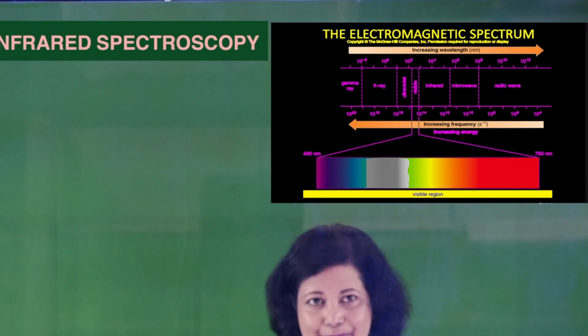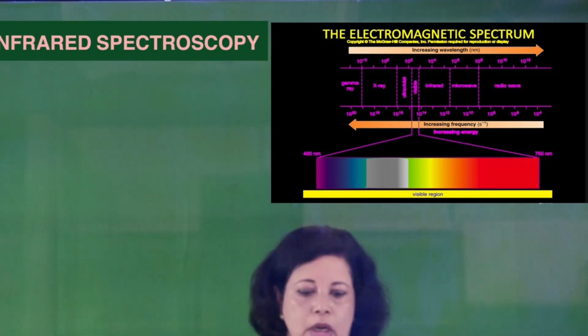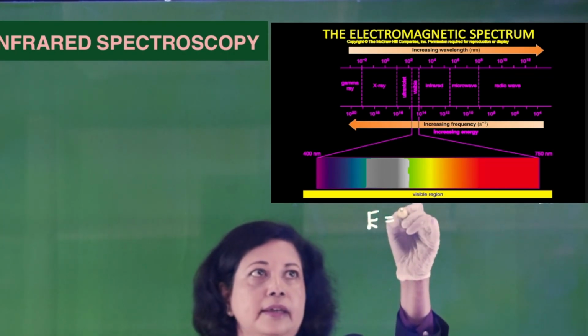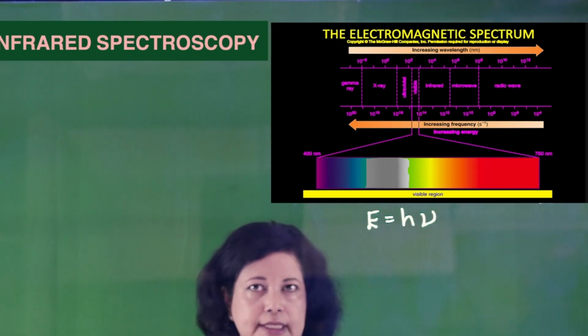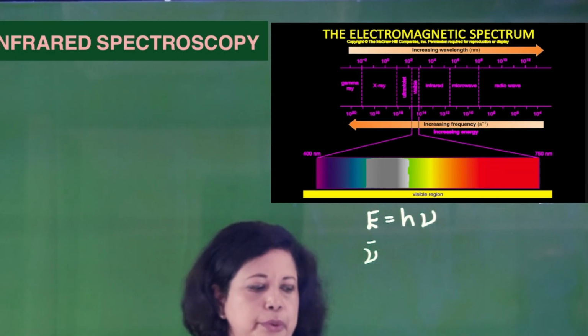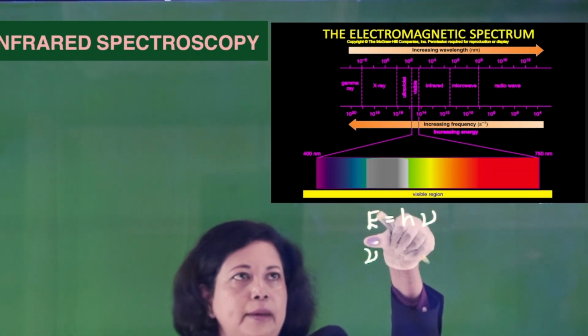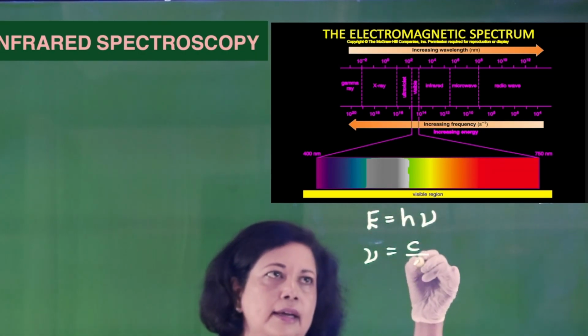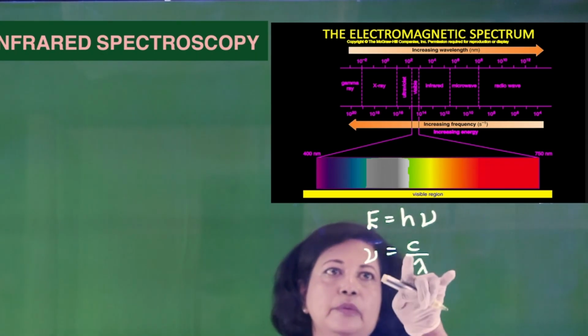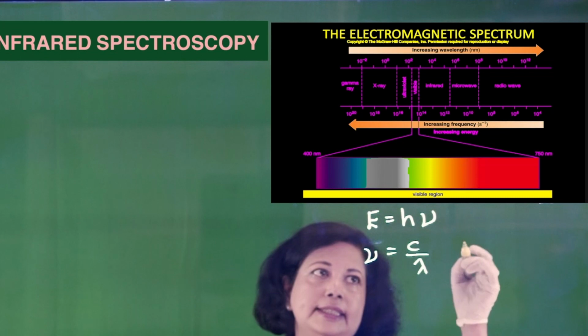There's nothing else different. Now, energy basically is Planck's constant times frequency. And we know that frequency is c over lambda, where c is just the speed of light.